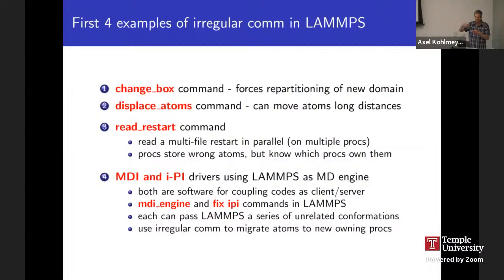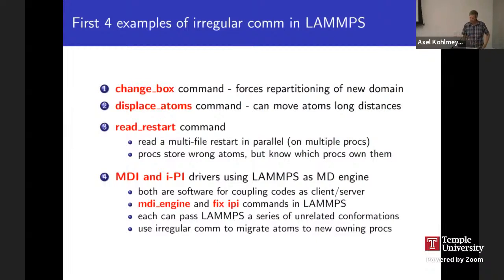And so you're just feeding them in as a series of conformations. Those atoms then are going to be in very different positions than the previous conformation. IPI likewise might be running a multi-replica simulation like tempering and decide to swap replicas, so it's going to send a new set of atom coordinates to LAMMPS, or atoms with different properties that are in totally different positions.